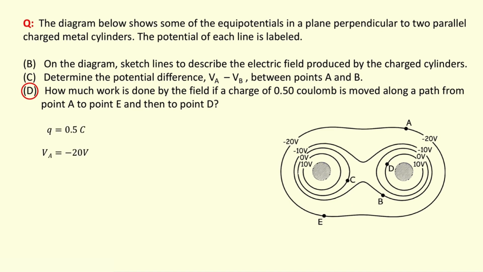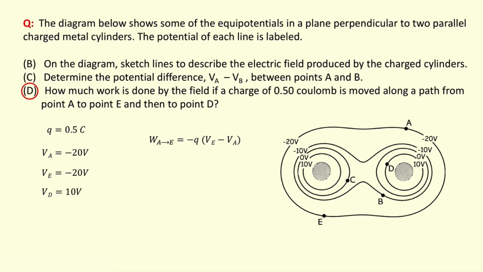VA is minus 20 volts, as you can see on this equipotential line, and VE is also minus 20 volts because A and E are in one equipotential line, and VD is 10 volts.